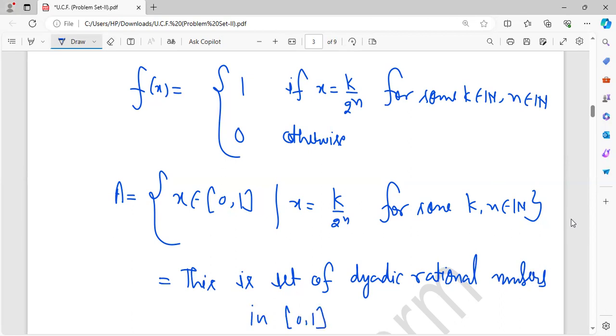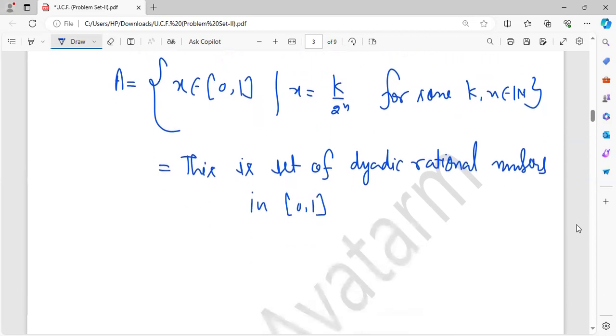The collection of all the dyadic rational numbers in the closed interval is a dense subset in [0, 1]. It means if you take any two values, in between you will always find such a number.